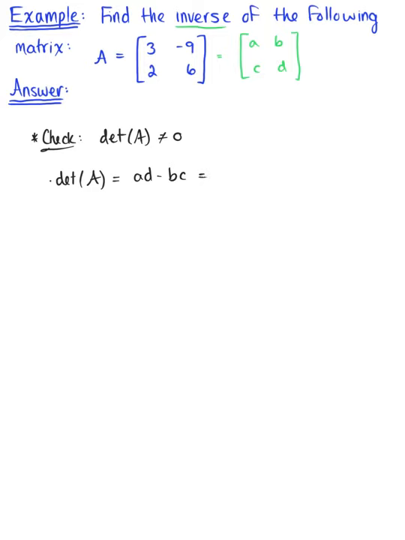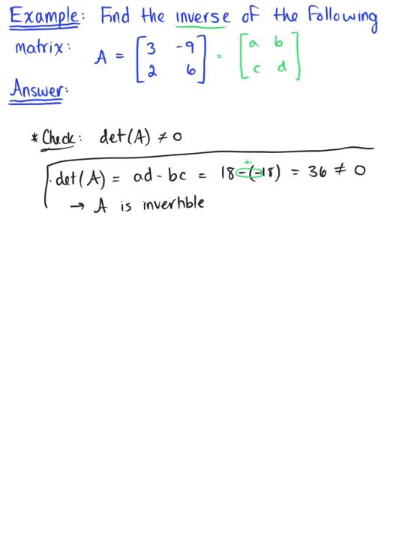So we have 3 times 6 is 18 minus 2 times negative 9 is negative 18, leaving us with a beautiful final answer of 36, which does not equal 0, and so we know that A is invertible. Woohoo!